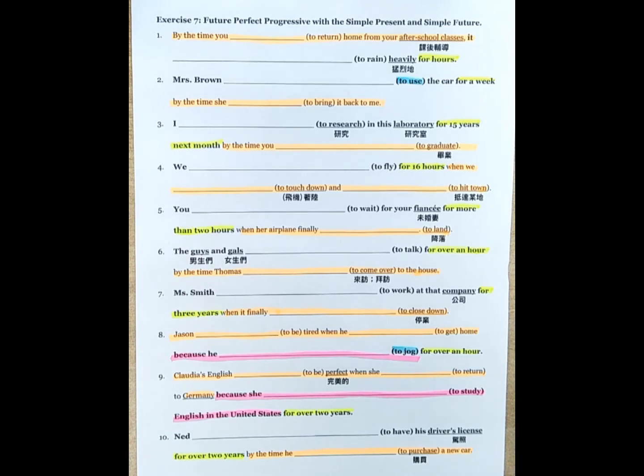Number 10 is special because the verb to have, meaning to possess, doesn't have a progressive. So we're going to have to use the future perfect tense. Ned is going to have had his driver's license for over 2 years by the time he purchases a new car.